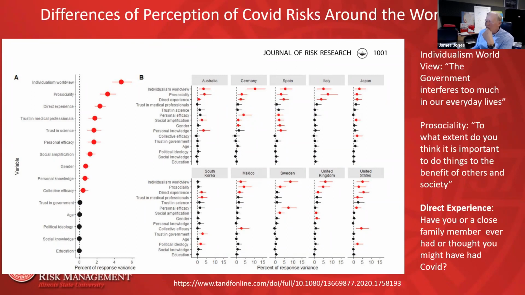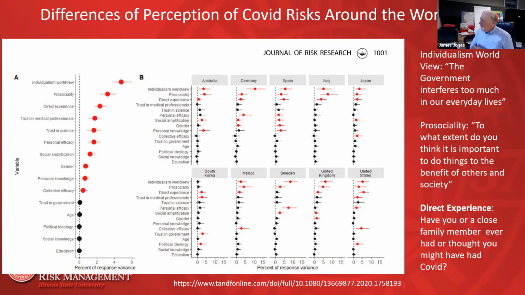Here is perceptions of risk and how that affects the vaccination rates. And I've actually got some research that a colleague and I are doing on this, within the United States and looking at various states. But your perception of risk depends on your worldview when it comes to COVID.